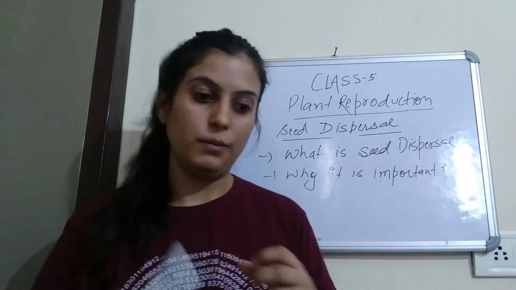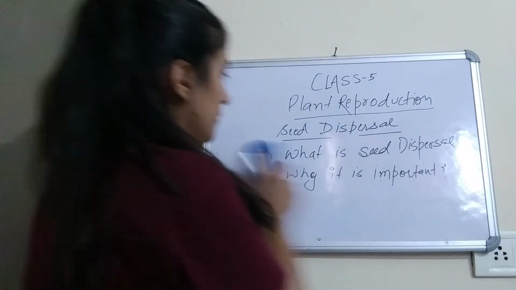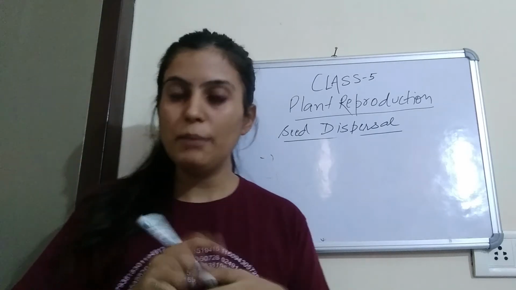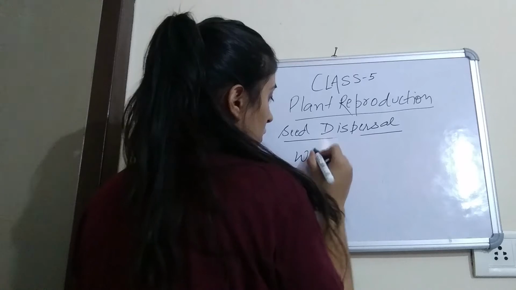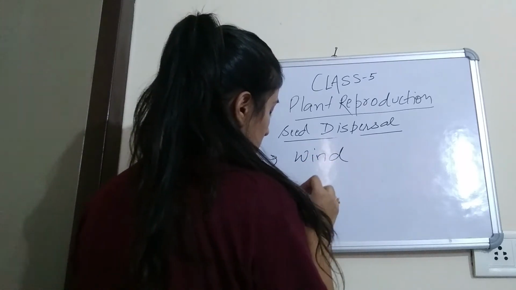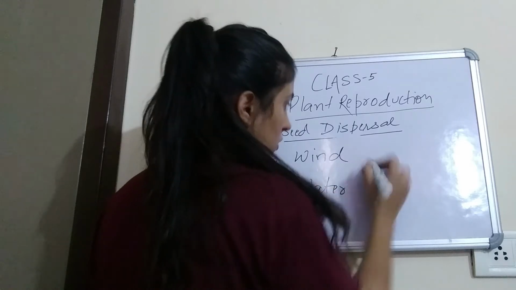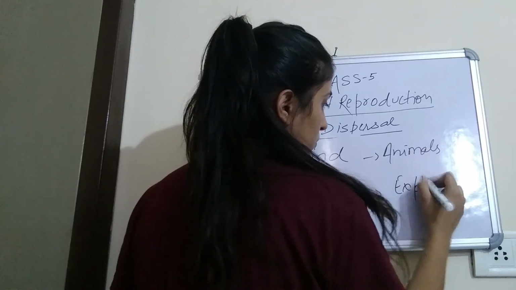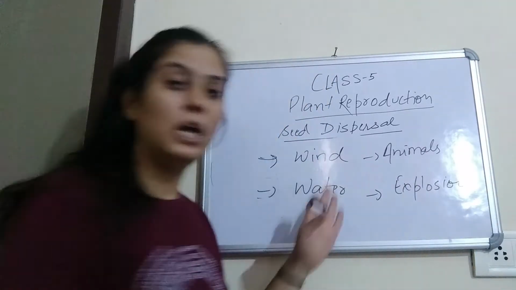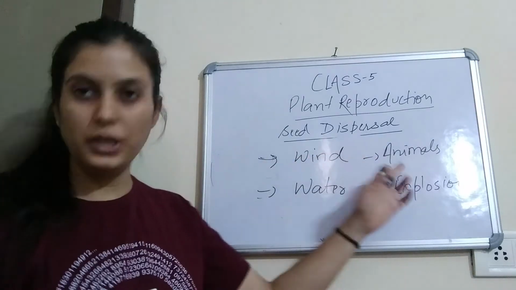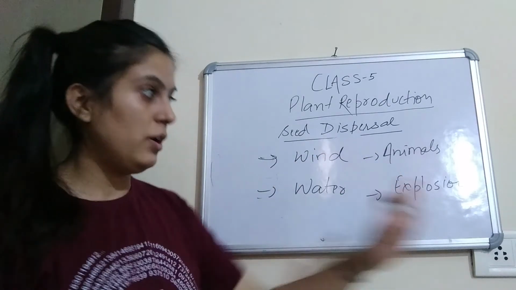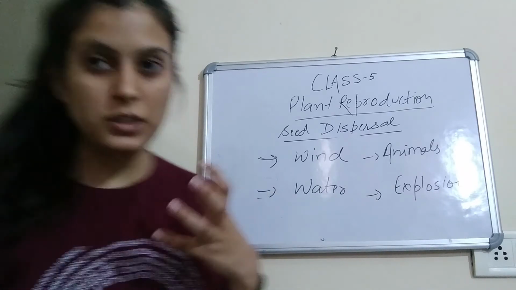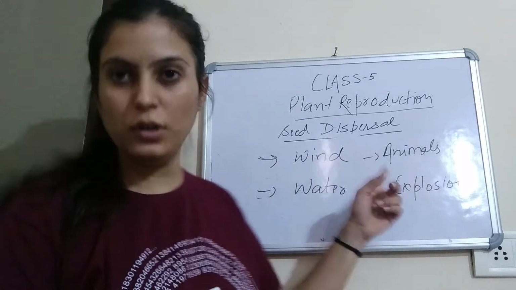Seed dispersal occurs by wind, animals, water and explosion.